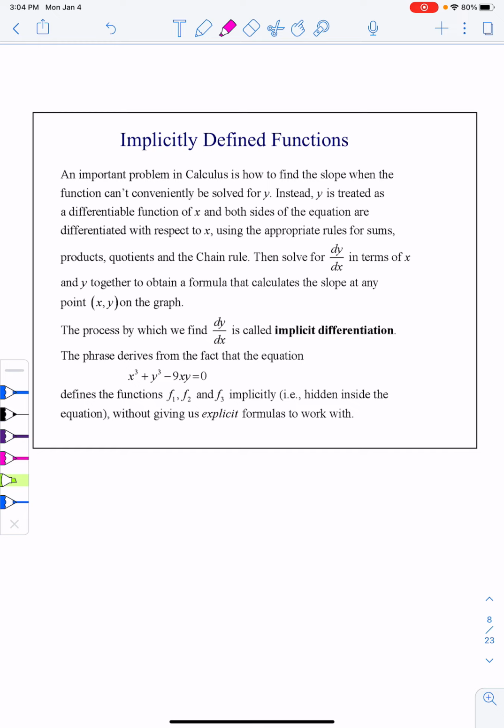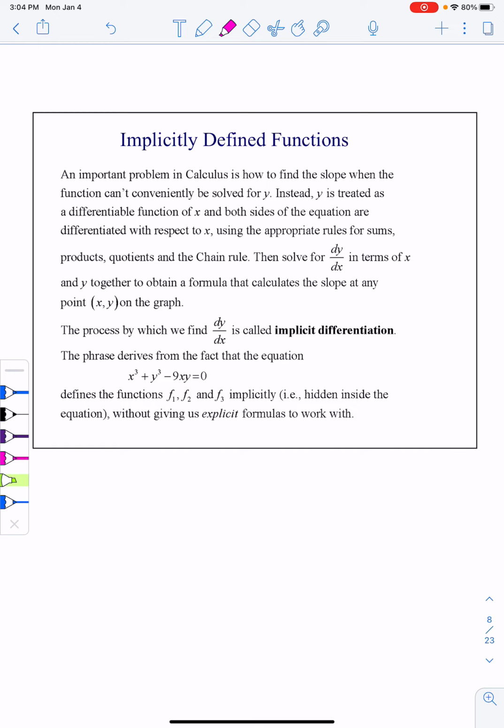And so dy dx becomes part of that. So this is where we kind of switch from that y prime notation and go to the dy dx notation, because we're starting to introduce other variables, and we want to keep track of what we're taking the derivative with respect to. And so by using that chain rule process, we're going to do what's called implicit differentiation.